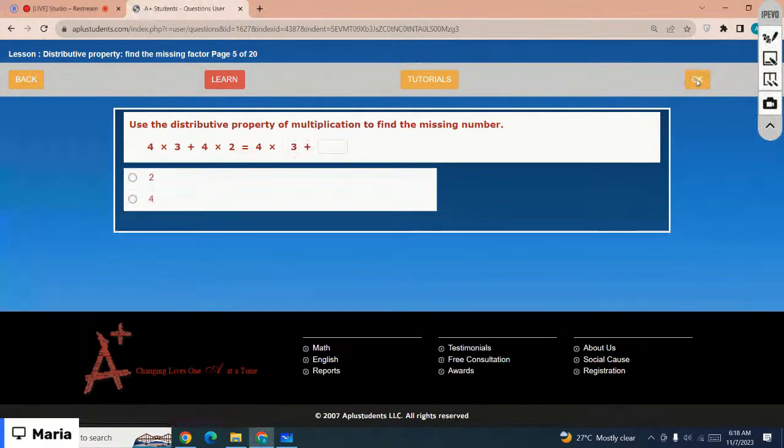Okay, use the distributive property of multiplication to find the missing number. So which number is missing? The missing number is 4 is missing.